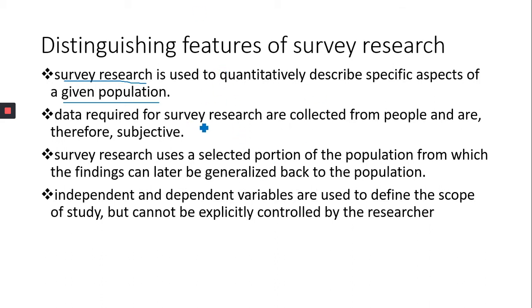Data required for survey research are collected from people and are therefore subjective. By nature, when you ask two people who went to a certain function how the function was, you are bound to get two completely different views, despite these people attending the same function, same day, same time.